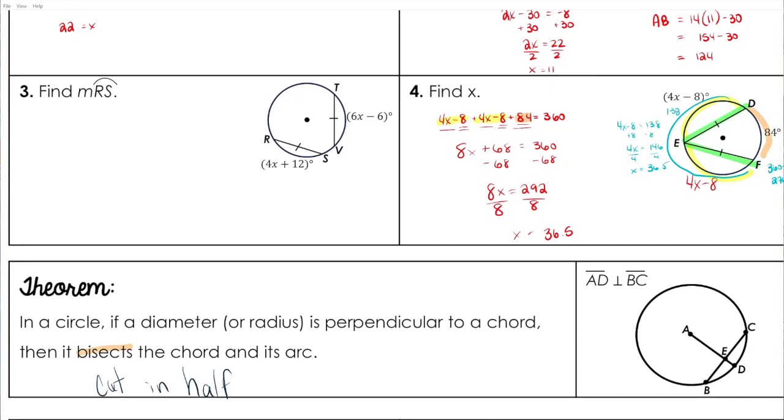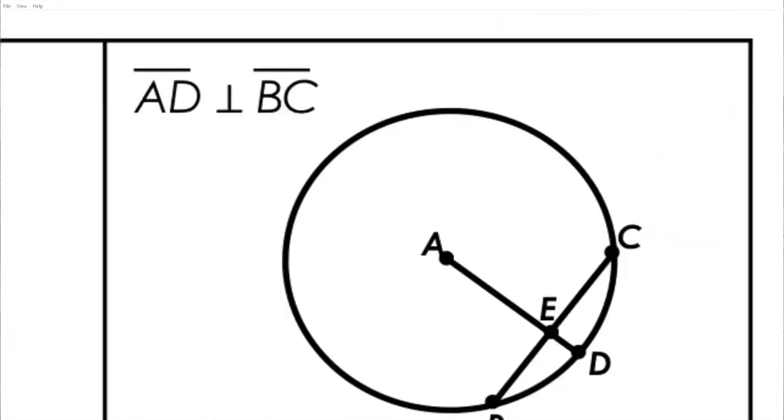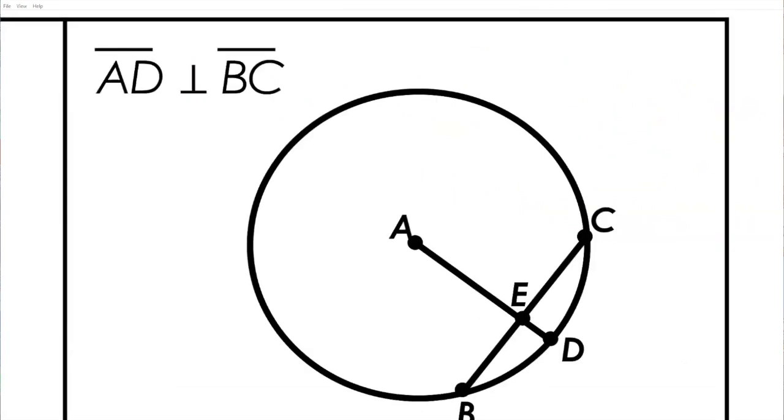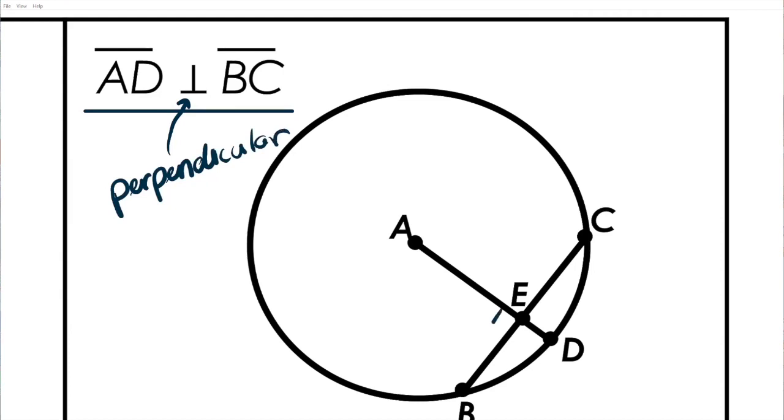So if we go look at the diagram, it tells us AD is perpendicular to BC. Remember, this upside down T means perpendicular. Okay, so we can draw a right angle right there. What that does, it creates a congruent chord and a congruent arc.